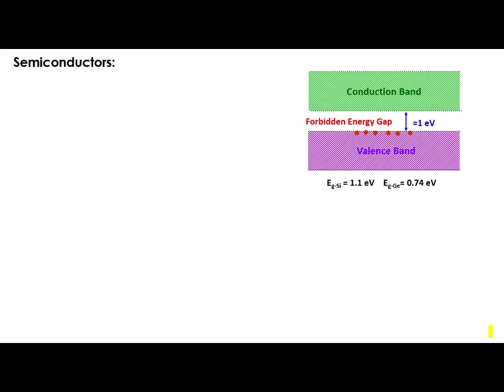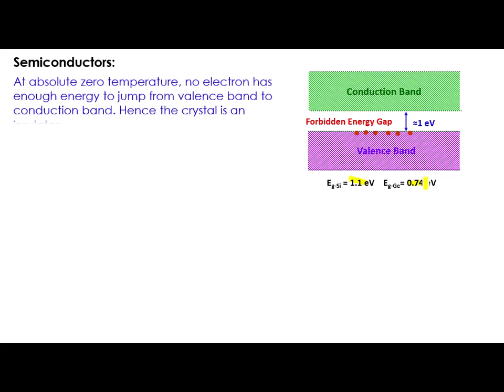For example, in the case of silicon, the energy gap is around 1.1 electron volt, and in the case of germanium, the energy gap is around 0.7 electron volt, both of which are near 1 electron volt. So, the solids in which the forbidden energy gap between the valence band and conduction band is around 1 electron volt are called semiconductors.